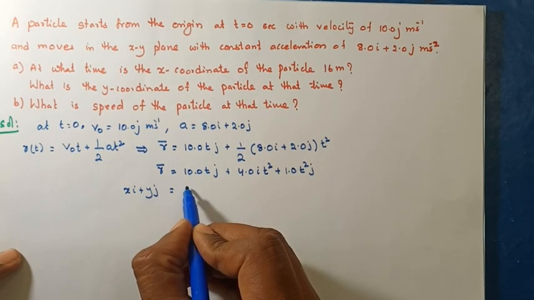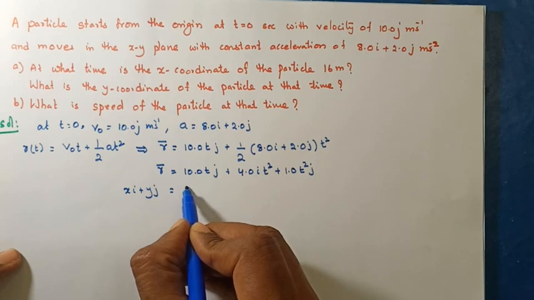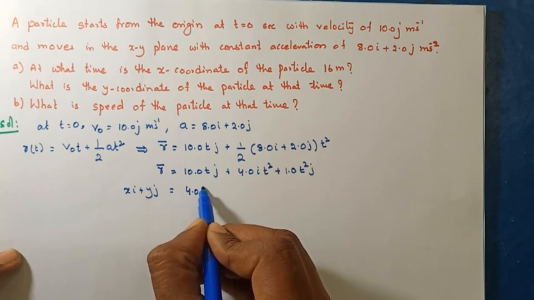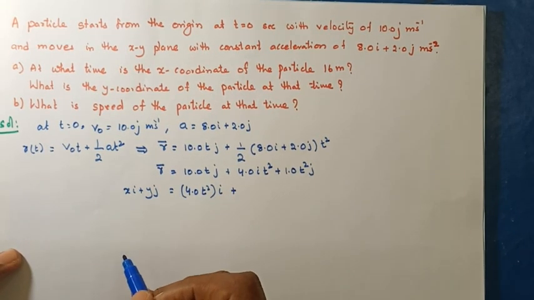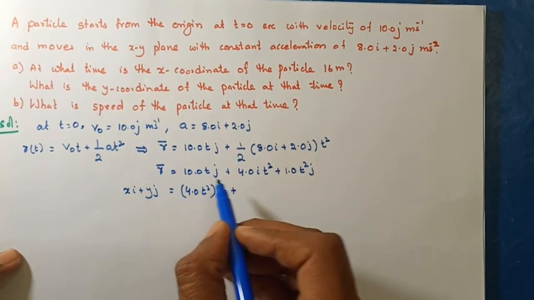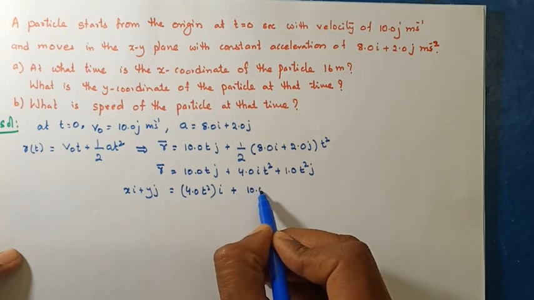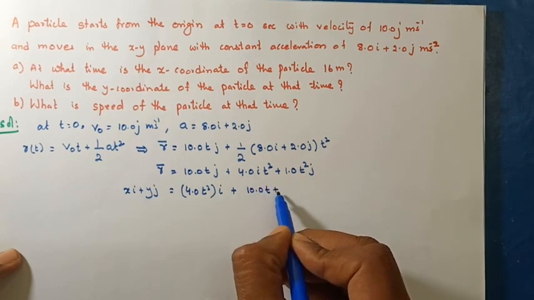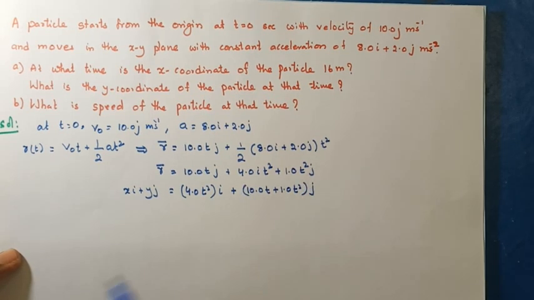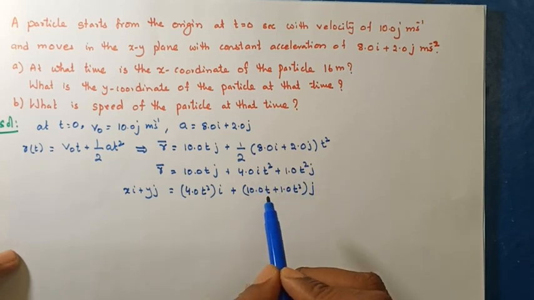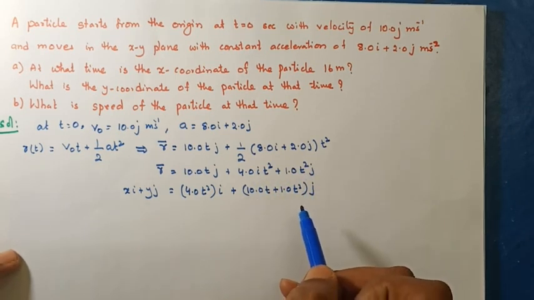Now we write 4.0 t squared i plus (10.0 t plus 1.0 t squared) j. I have simplified it and nothing beyond that.